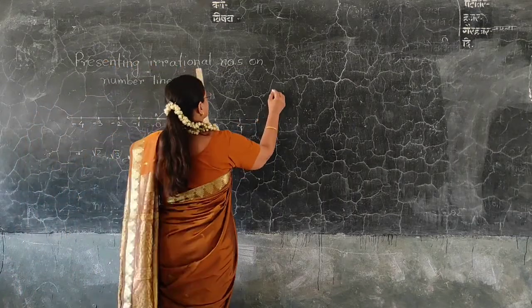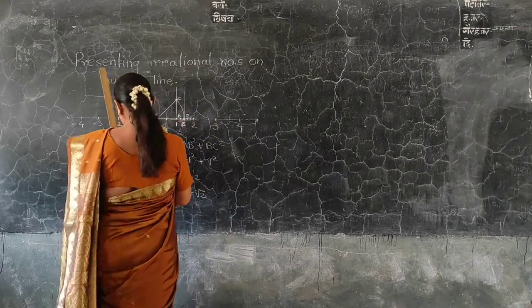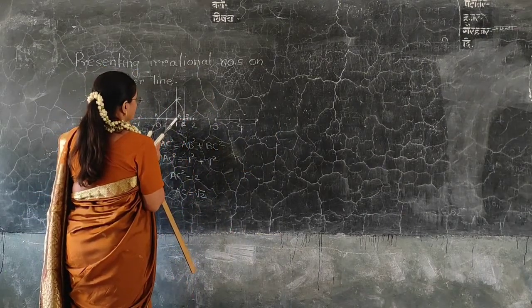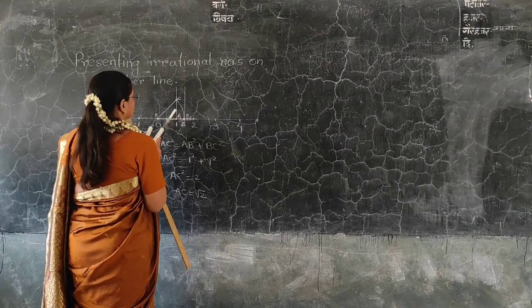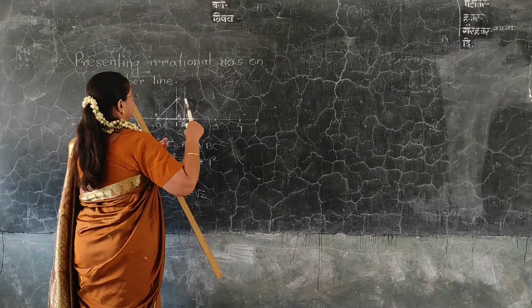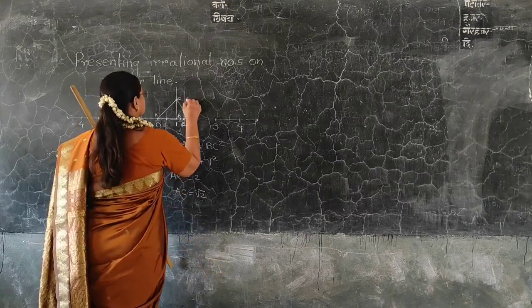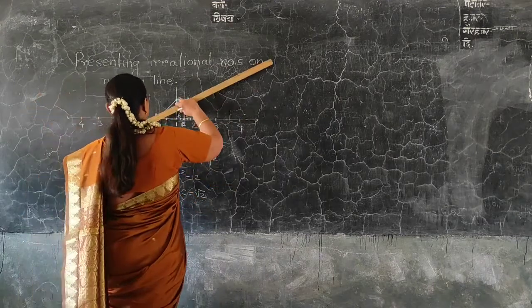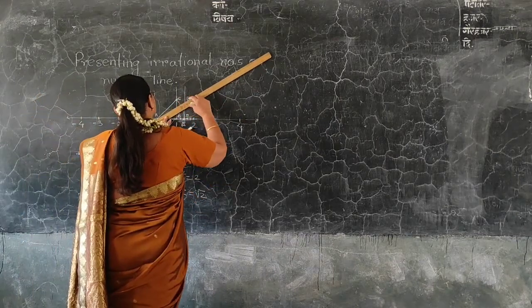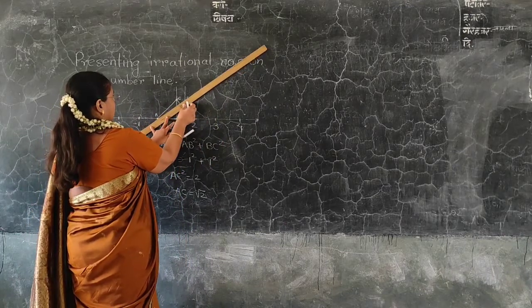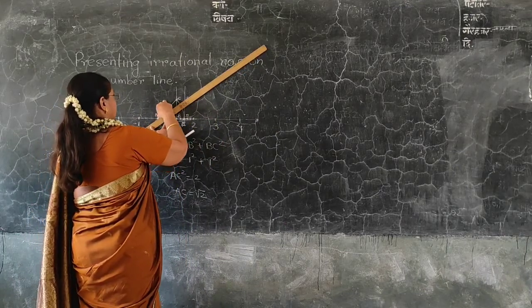So again I have to take 1 centimeter distance, 1 unit distance here. For example, it is E, and I have to join this A and E.